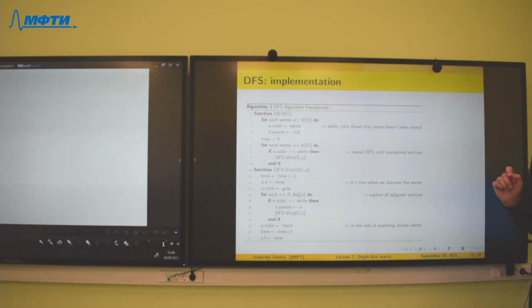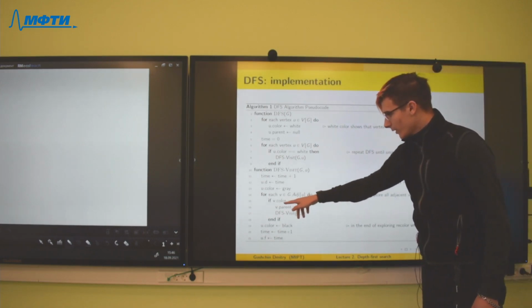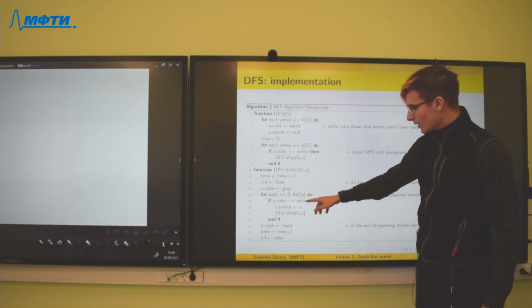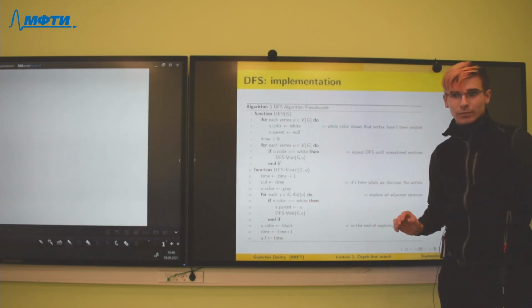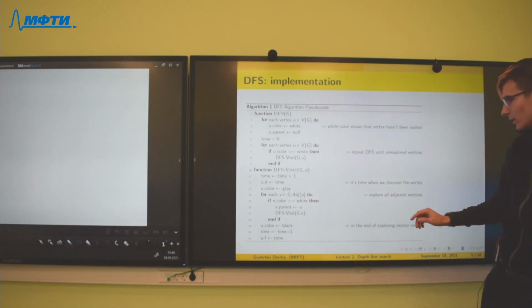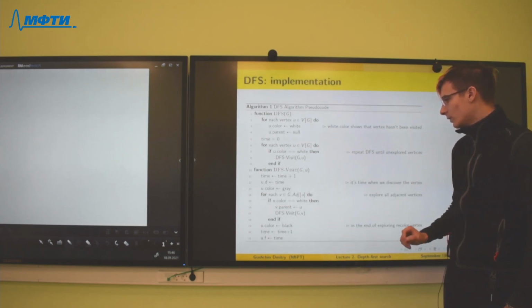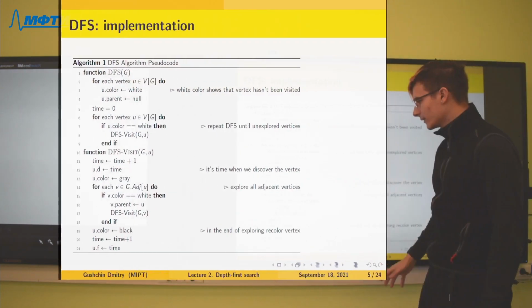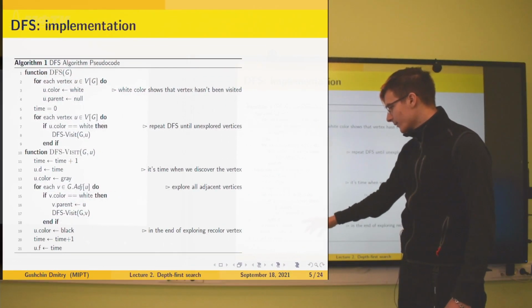If we have these adjacent vertices, we visit them too, and repeat this cycle while we have any adjacent unexplored vertices.